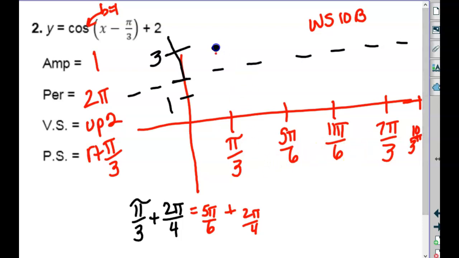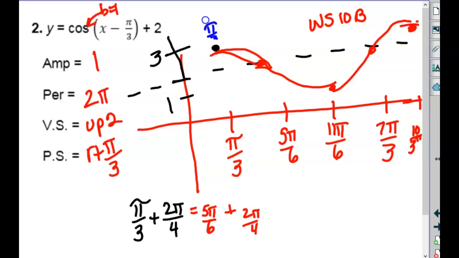Okay, so it starts at the max, midline, minimum, oh my gosh, whoop, whoop, midline, back to the max. Mine's awful.